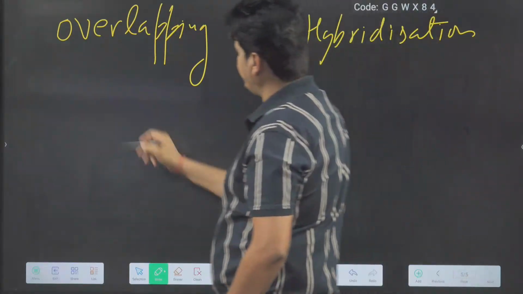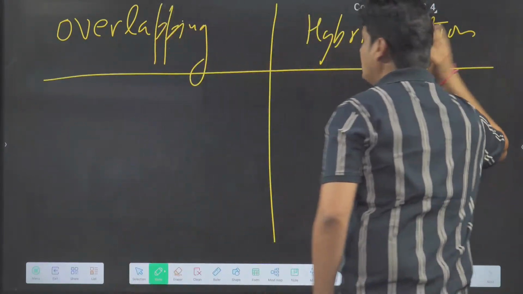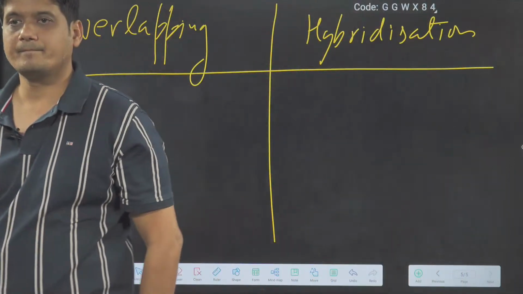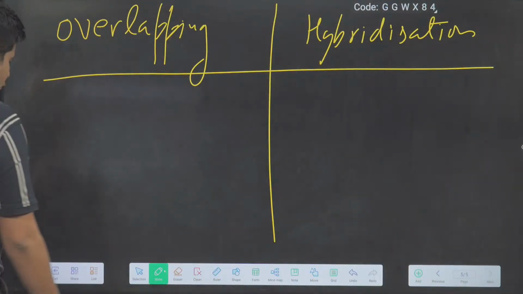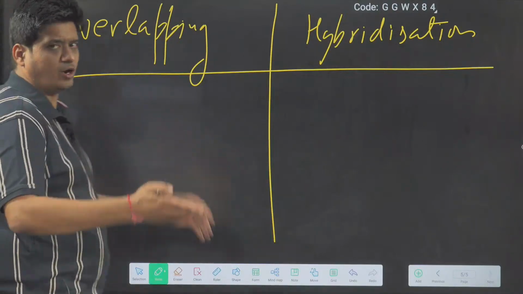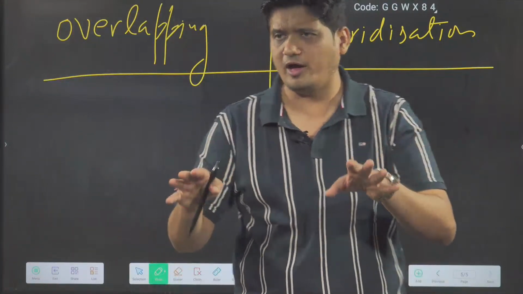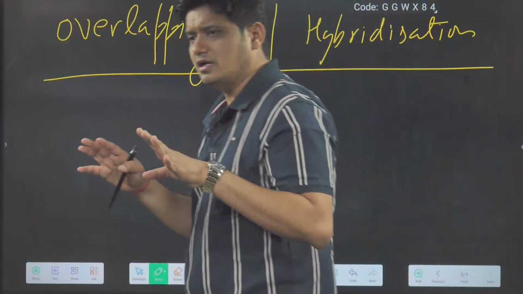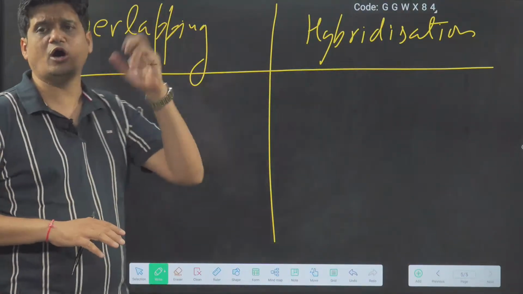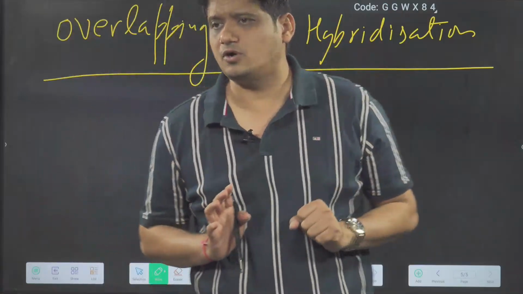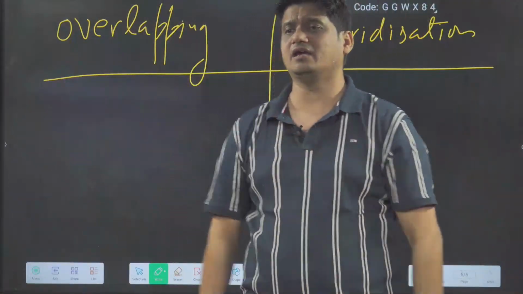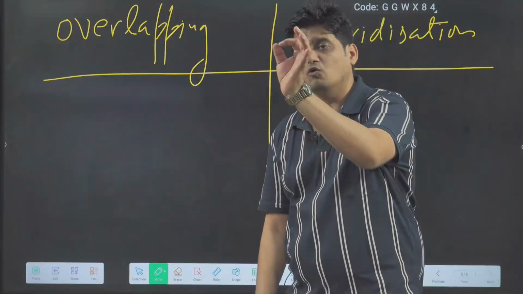We have to understand the difference between overlapping and hybridization, then clarity will come. In overlapping, atomic orbitals, or it may be hybrid orbitals also, just for now I am taking atomic orbitals for ease of explanation, of different atoms are combining. This is known as overlapping.